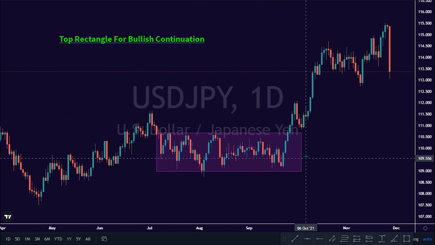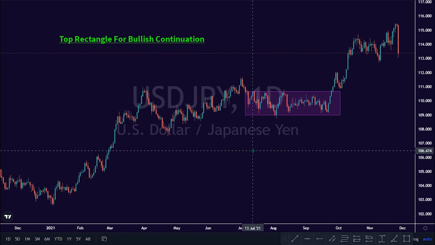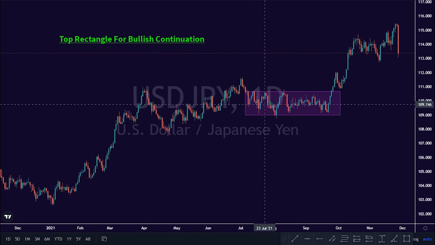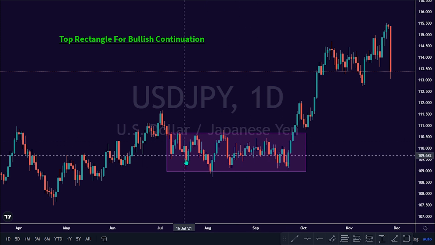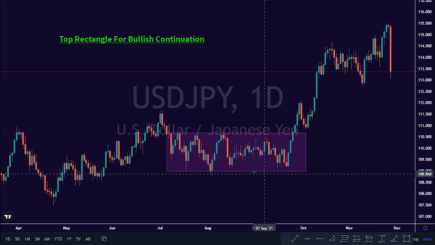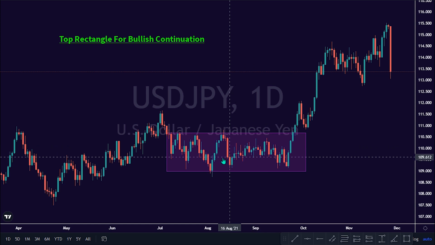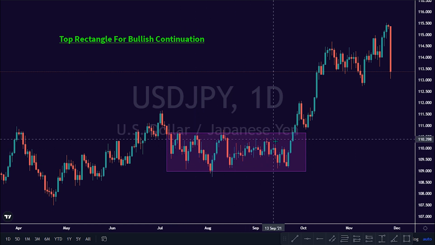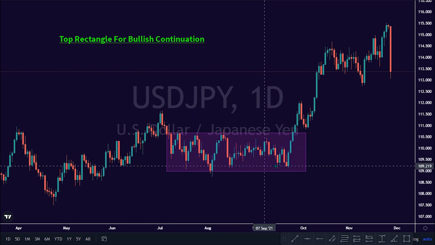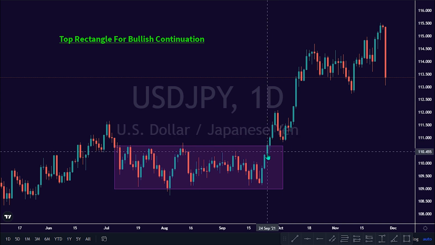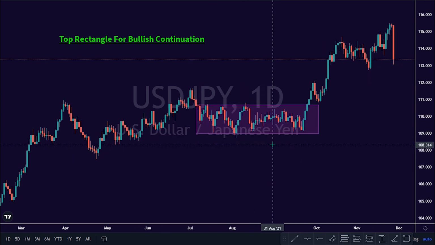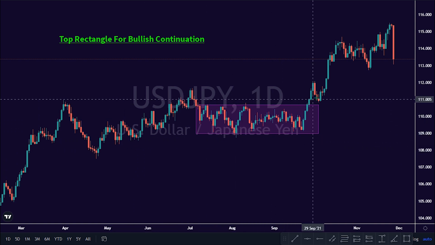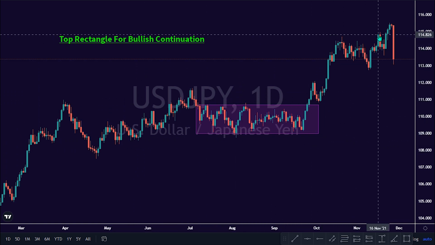As we can see on this chart, after the bullish trend here, price made a halt, and price consolidation within this upper and lower boundary resulted in a long-term pattern called the top rectangular chart pattern. We can see how the bullish spike out of this top rectangular chart pattern resulted in the continuation of this previous bullish trend.